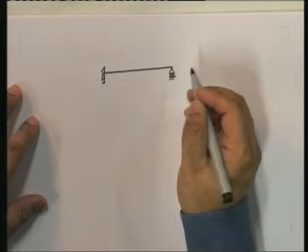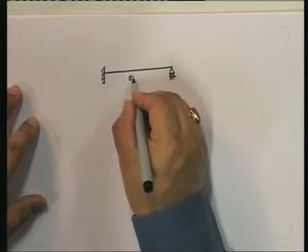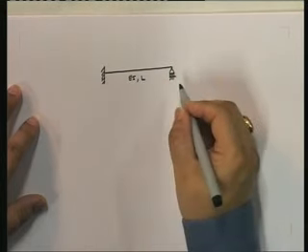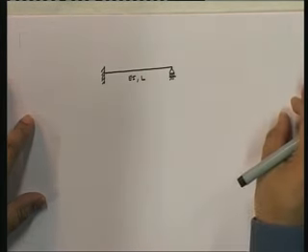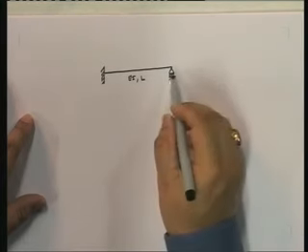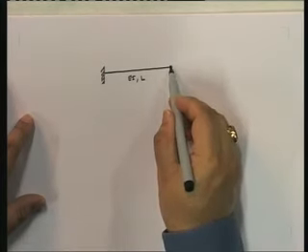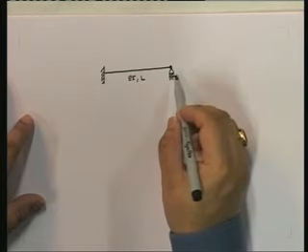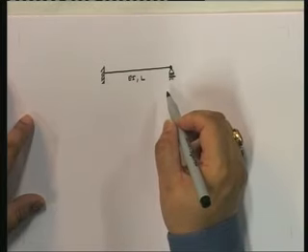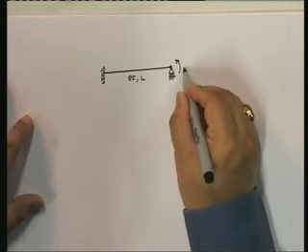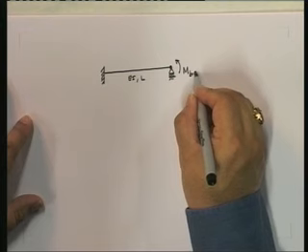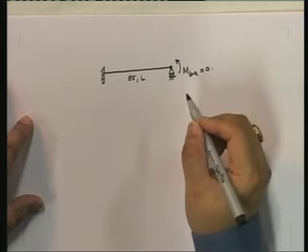This is EI upon L, and note that the difference between the original fixed beam and this fixed hinged beam, with a hinge here, is that MBA is equal to 0.